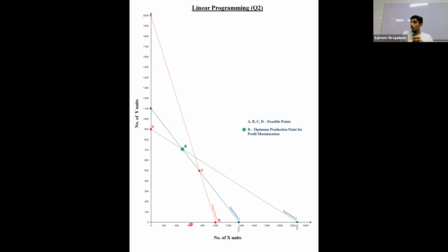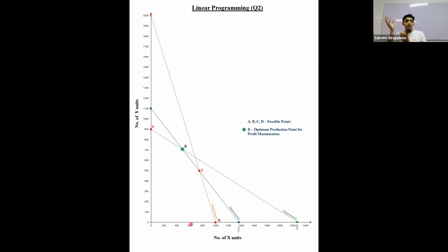Got it? Now here we have to draw an ISO contribution line first of all. Yes or no? Right. We have to draw that line and move it towards the right side. In order to draw that line, we have to assume a number of units, okay, we have to assume a total contribution. Based on that only we have to find the number of units.